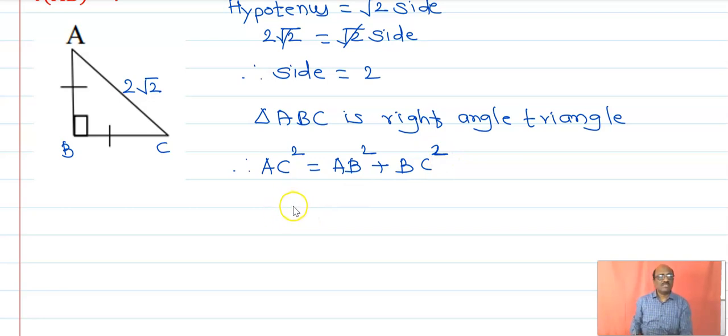But AB and BC both are equal, and AC is 2 root 2, in a bracket square.